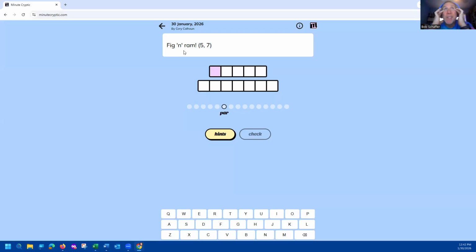Ram is a kind of animal, it's a mammal. Ram can mean to hit something, to make impact. Fig and Ram, I just don't even know what that would define. Fig and Ram.